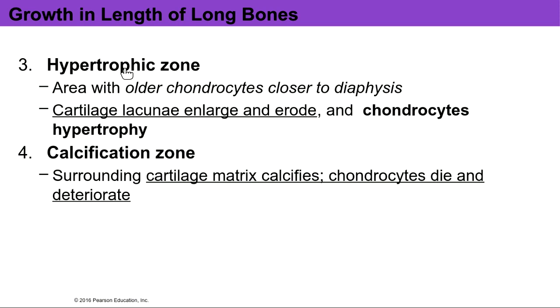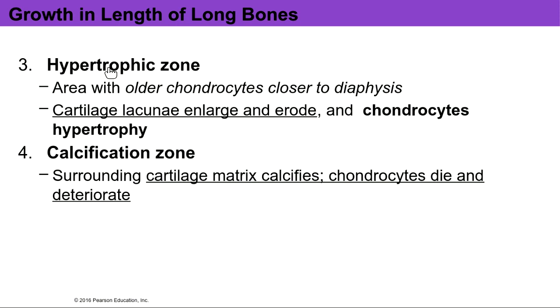When a cell gets really large, it becomes unfunctional, and so it will die. Same result that you see with atrophy, where the cell gets smaller and dies off, resulting in a lower cell population.